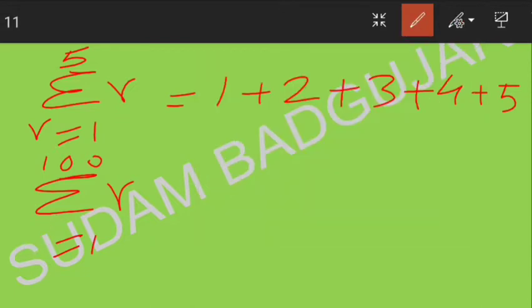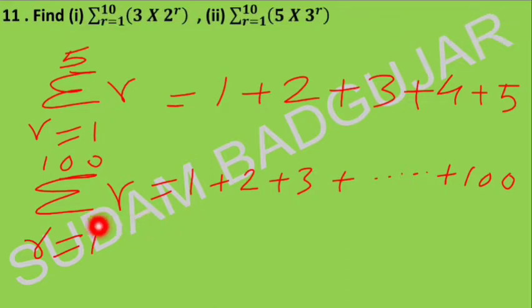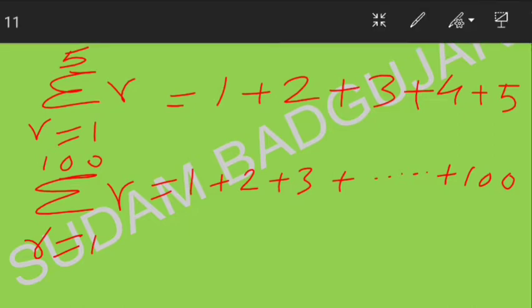Here r is equal to 1 to 100, and that is nothing but 1 plus 2 plus 3 plus up to 100, up to 100 terms. Understood? Sigma r, or summation of r, goes from 1 to 100 means the sum of the first 100 terms. That's it.